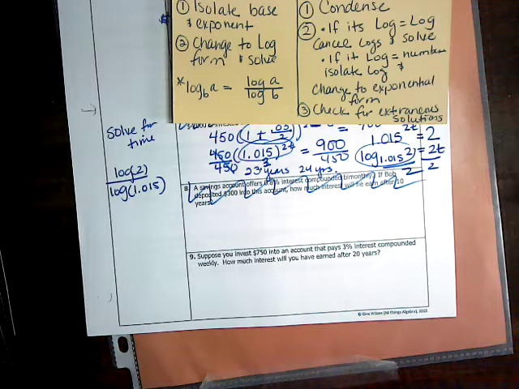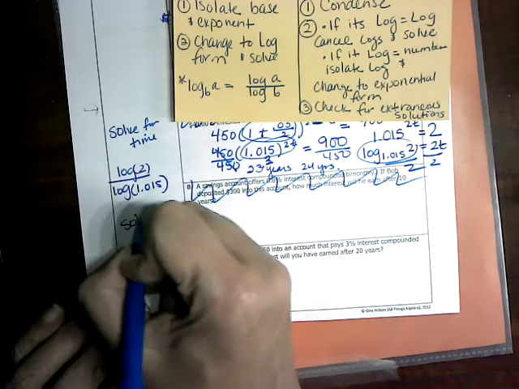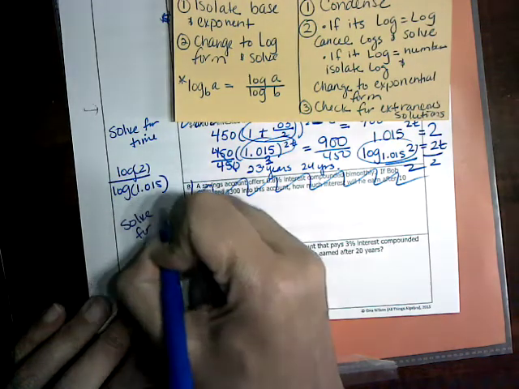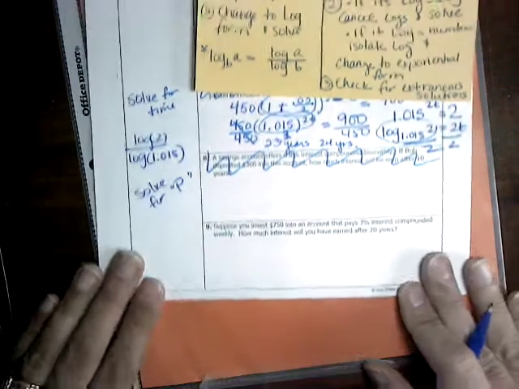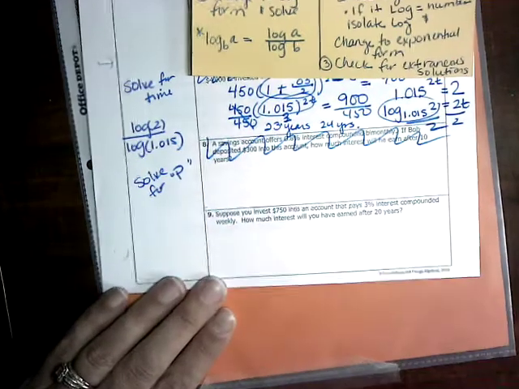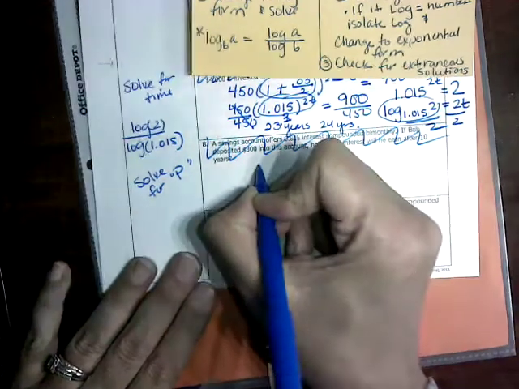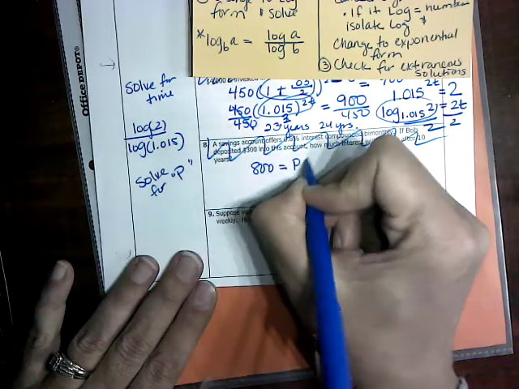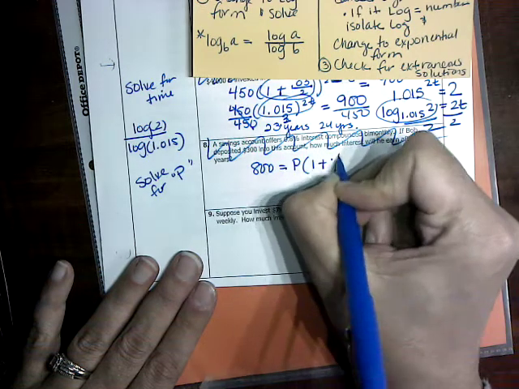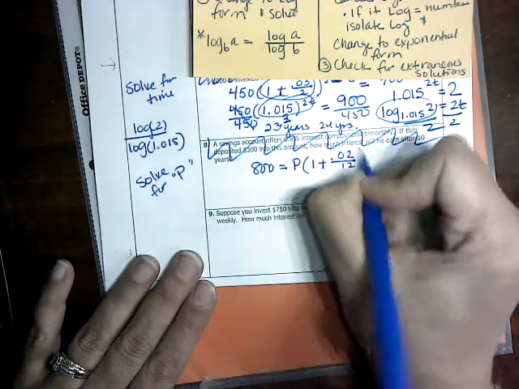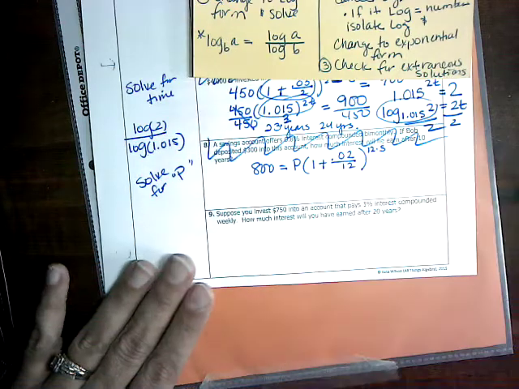All right, let me give you another scenario. This time we're going to solve for the principal. So let's say I give you 800 equals P times 1 plus 0.02 over 12, raised to 12 times 5.